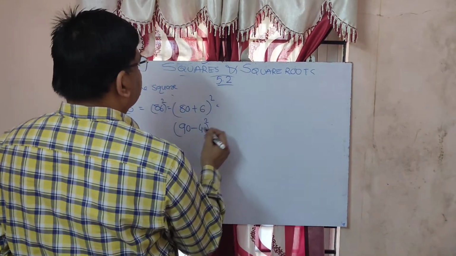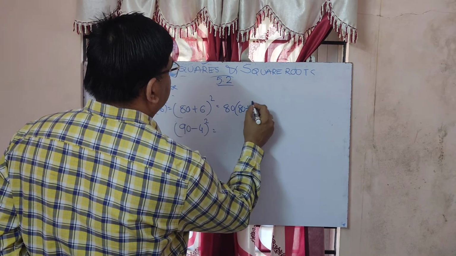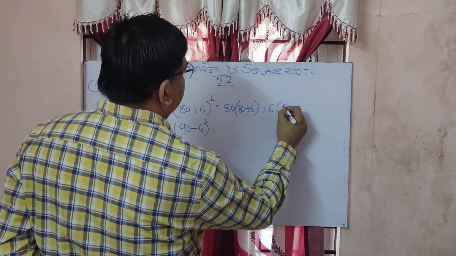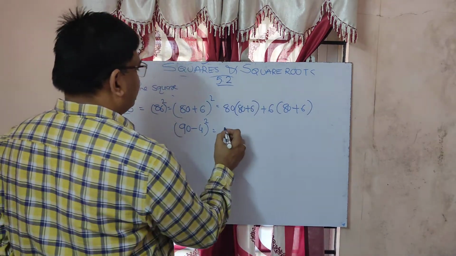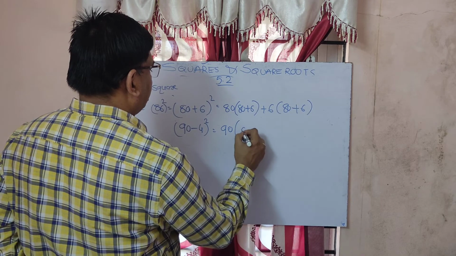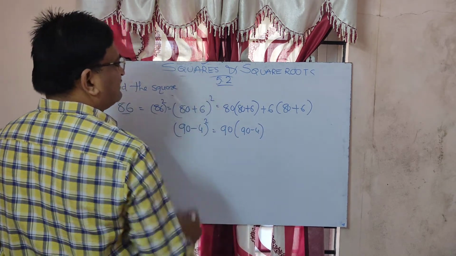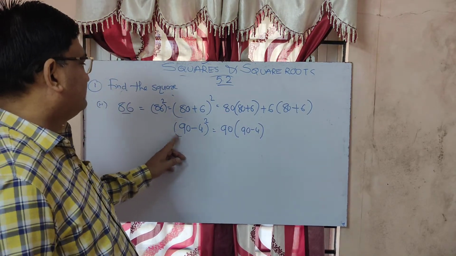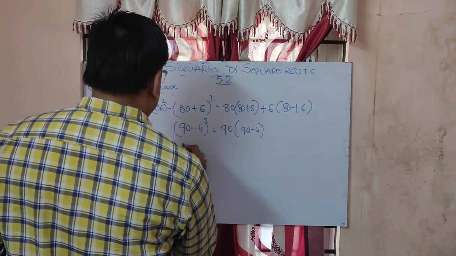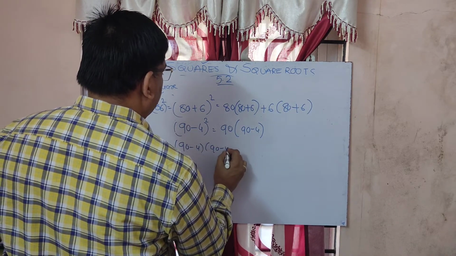So first, 80 plus 6 means 80 plus 6 into 80 plus 6. If you want to write it like this, you can write 90 minus 4 into 90 minus 4.